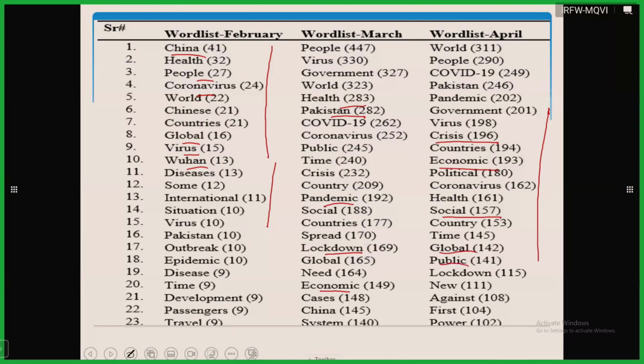So this is how, just by looking at the word list, we can analyze what is in the newspaper, or what is in the text. We are not actually reading the text, but we can see what the text is about, and this is also called the aboutness of the text.